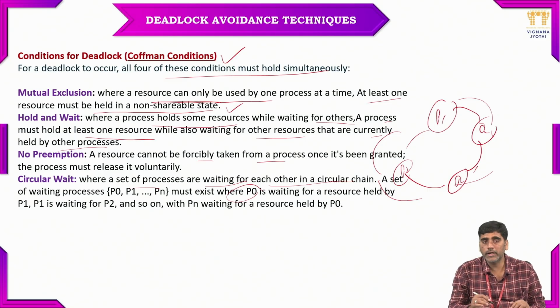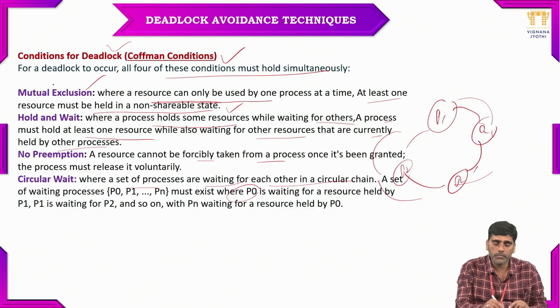So these are the four conditions. If all these four conditions are satisfied, then deadlock may occur. If we talk about deadlock prevention, that means we don't want deadlock to occur, so we have to say no, or eliminate, mutual exclusion.